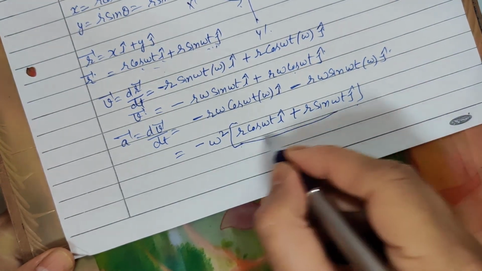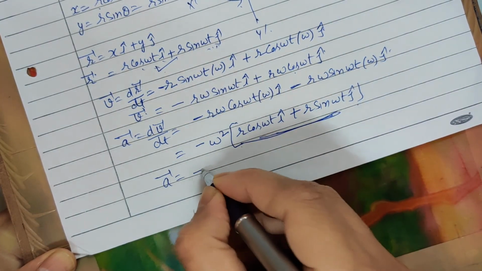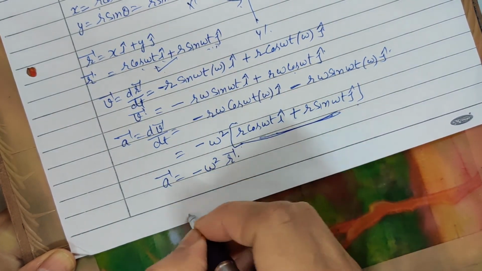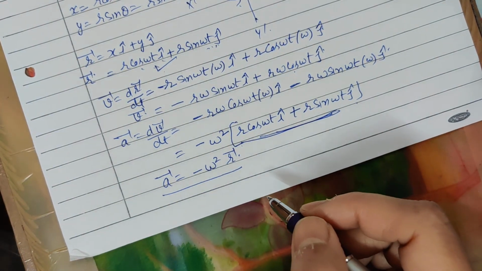Taking minus omega square common, what is this remaining value? This value is the position vector. So this acceleration is minus omega square r.